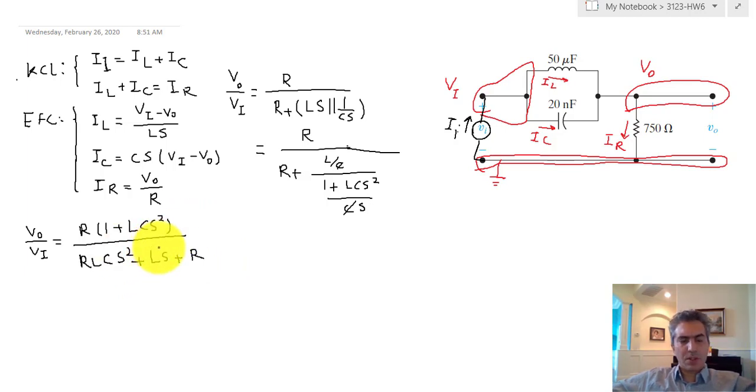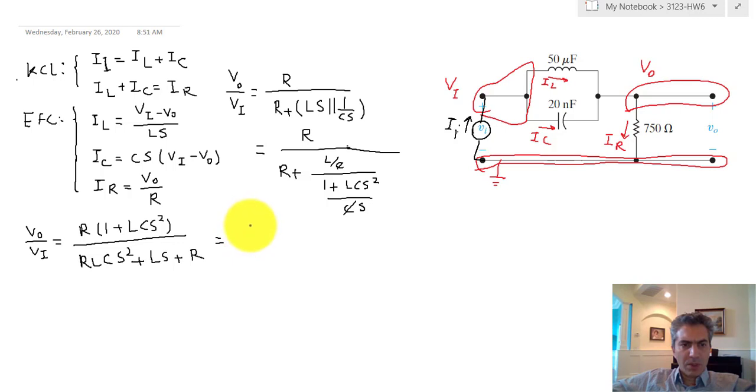So that's the equation for the transfer function of this filter. Now I can rewrite the same equation to get rid of the factor that is multiplied by S². I'm going to divide both top and bottom by RLC, and that's going to give me equation 1.